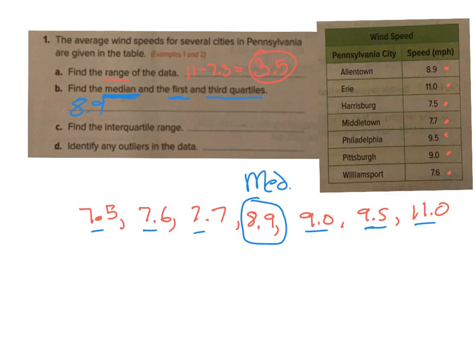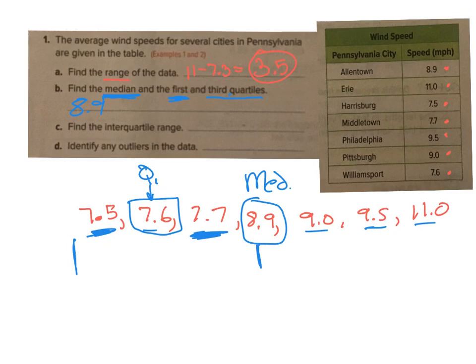Now, to find the first quartile, first and third, the first is you take this half, and I want to find the center. So now, I take this one off here, and I take this one off here, and it leaves me with this one right here, which is my quartile 1.